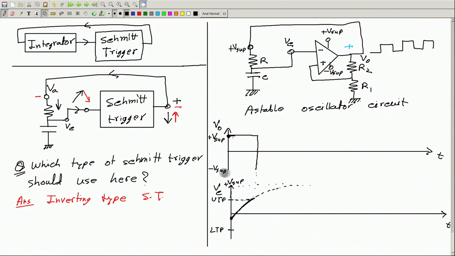So, here it goes to minus V supply, and now this minus V supply comes here. So, this is minus V supply, this is also minus, and therefore, this capacitor voltage will start to drop. And where will it try to go? It will try to go to minus V supply. Let this be minus V supply.